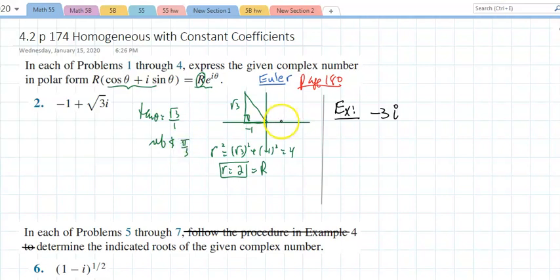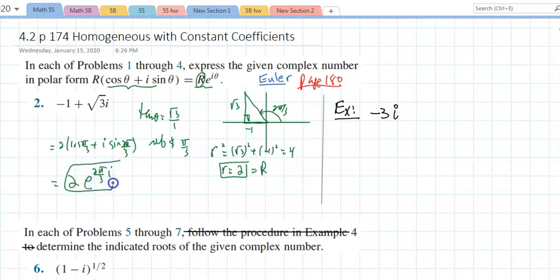And now you're going to say, well, what is this angle? That's really 2 pi over 3 in the second quadrant. Instead of saying this is 2 times the cosine of 2 pi over 3 plus i sine of 2 pi over 3, it's going to be much simpler for us to use Euler's formula, which is twice e to the 2 pi over 3 i.